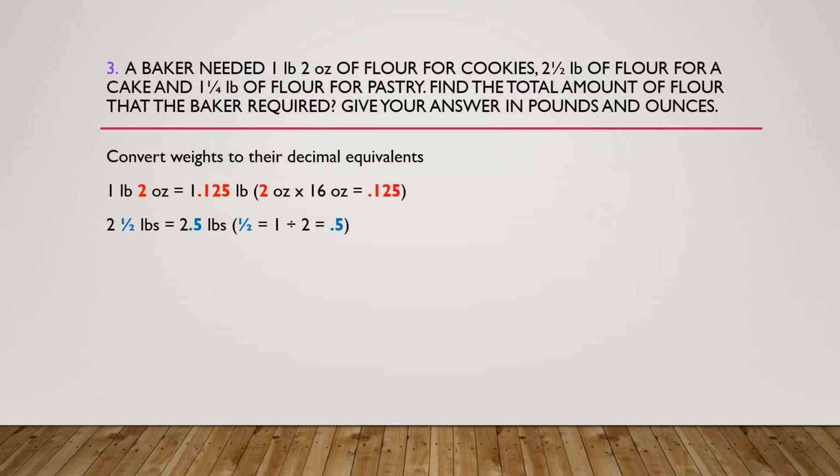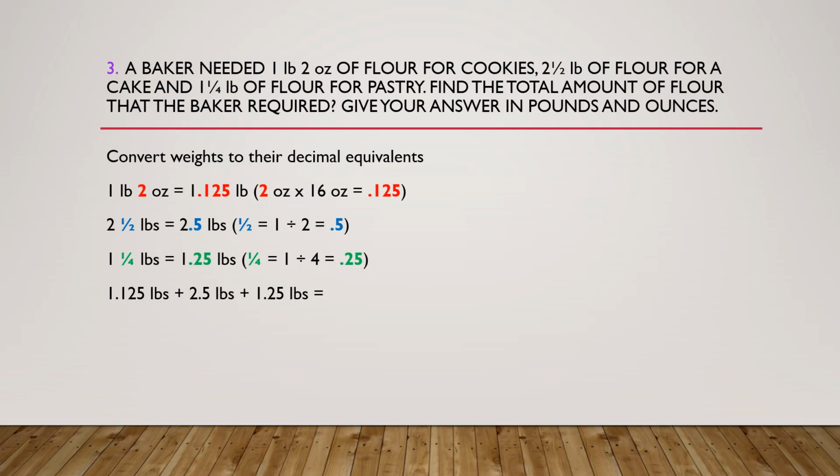So 2.5 pounds of flour for the cake. And then we take the 1 1/4 pounds, and again, I hope we know a quarter is decimal 25. But if we're still not sure, let's get those calculators out and do 1 divided by 4. We get decimal 25. So 1.25 pounds is what we need for the pastry.